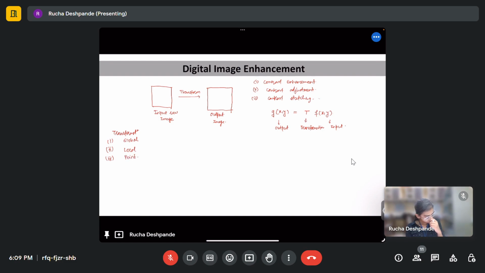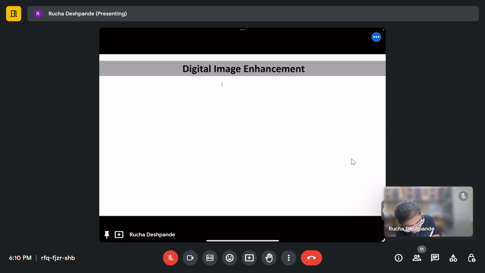When this transformation is applied on all the pixels of the image, it's called a global transformation. If it's applied on only a few pixels, then it's a local transformation, and if it's applied only on one pixel, then it's called a point transformation.